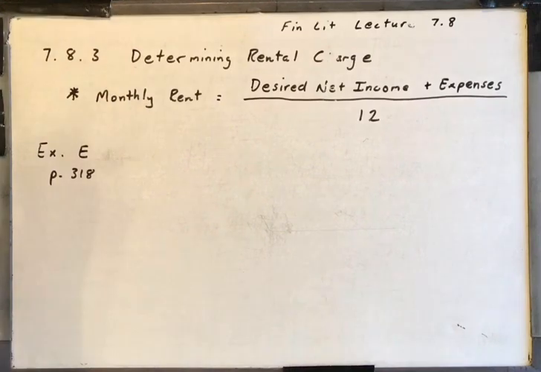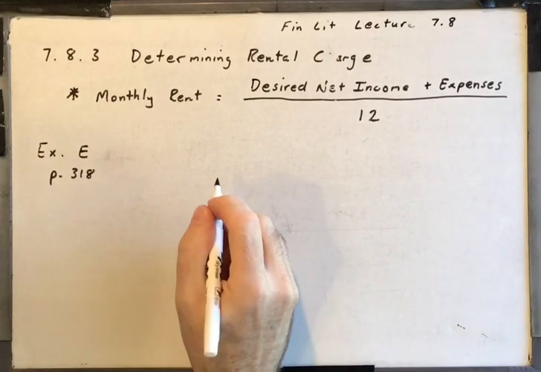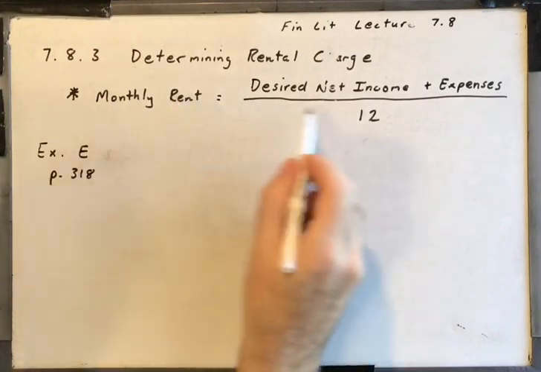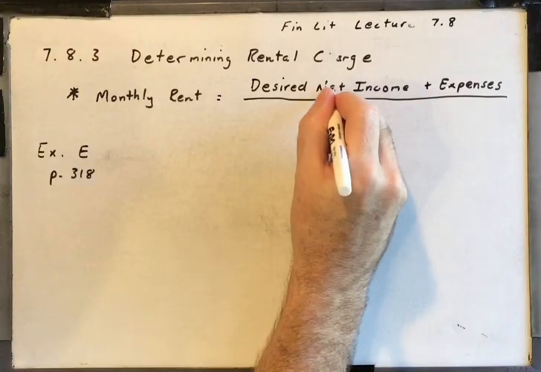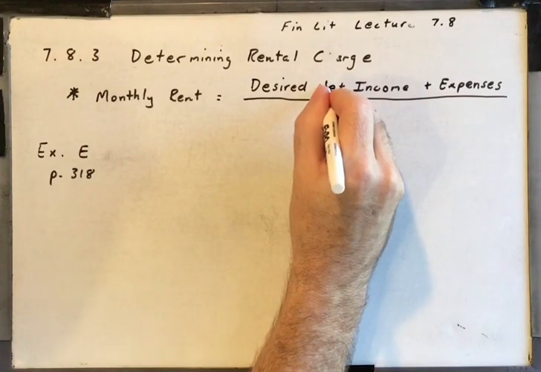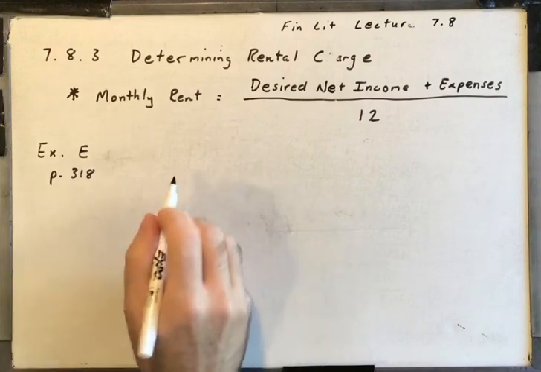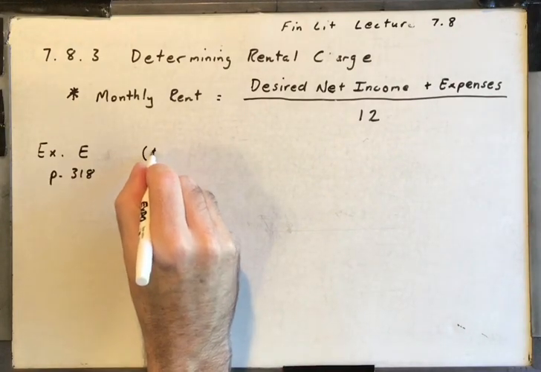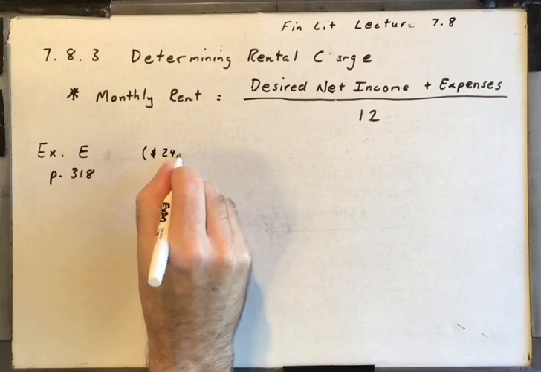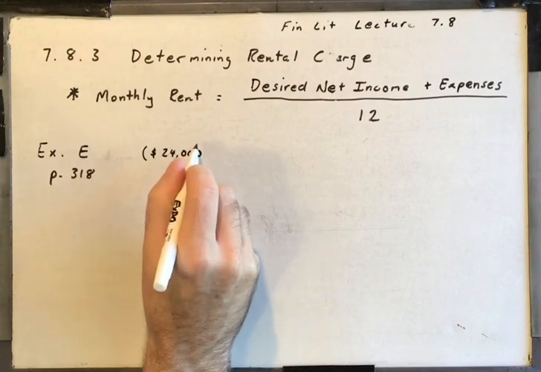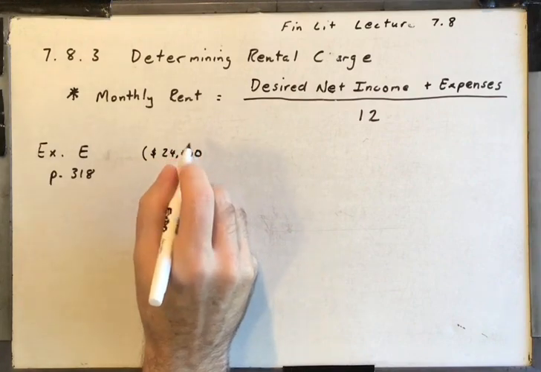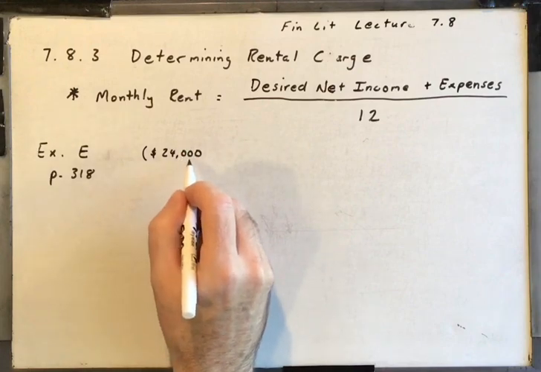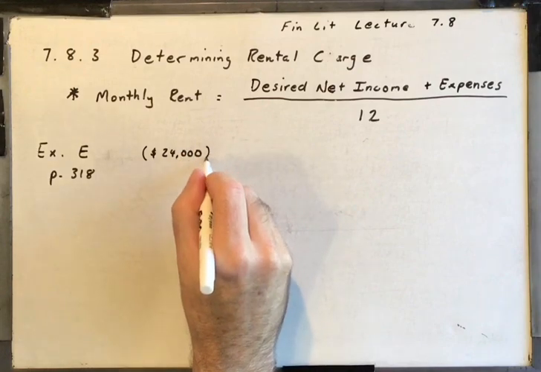All right, so for the monthly rent, we're going to use this formula. His investment is the $24,000. Now he may have borrowed more money than that, but what came out of his pocket was $24,000. So that's what his investment is.